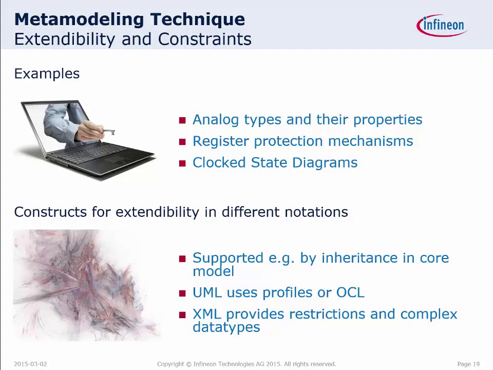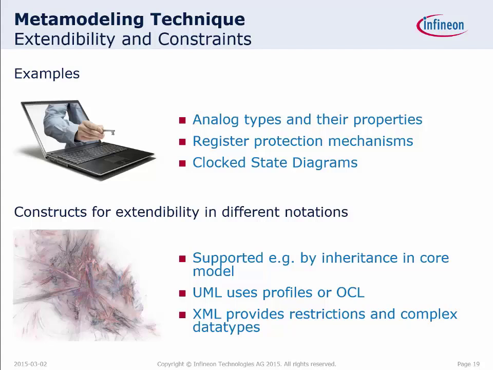You want to have a SystemC event-based state machine output, but for RTL you have a clock and state diagrams. There are already some models supporting this. For example, with inheritance you can extend your models. With UML profiles or the object constraint language, it's possible to fulfill constraint requirements.